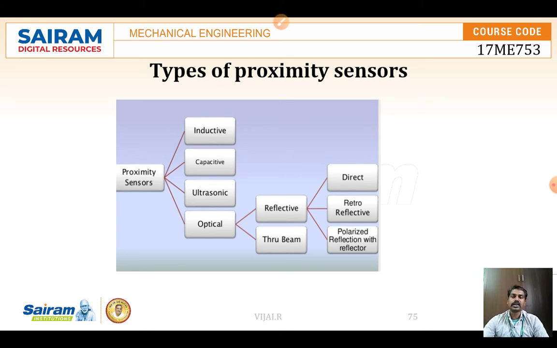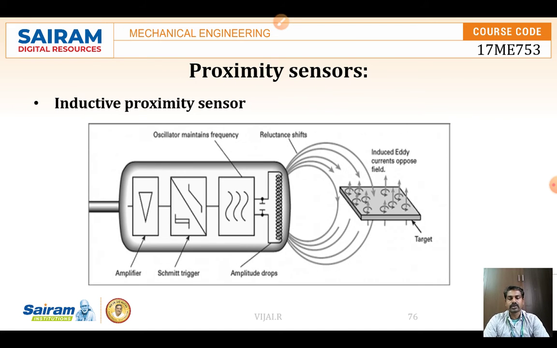The inductive type, as I already said, depends upon the electromagnetic field created. When the electromagnetic field is disturbed, a back current is automatically produced. In this sensor, there is an amplifier, a Schmitt trigger, a coil, and an oscillator.